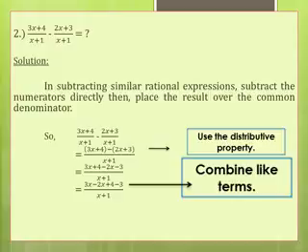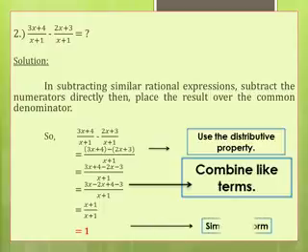And 3x minus 2x is equal to x, and positive 4 minus 3 is equal to positive 1. And it becomes x plus 1 over x plus 1. We will never forget to simplify it. So x plus 1 over x plus 1 is equal to 1. Therefore, 3x plus 4 over x plus 1 minus 2x plus 3 over x plus 1 is equal to 1.